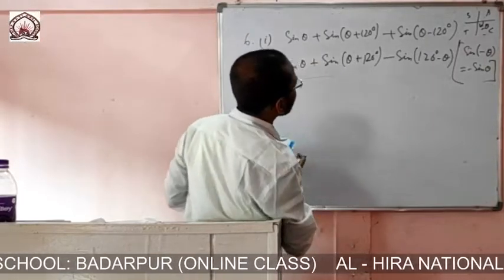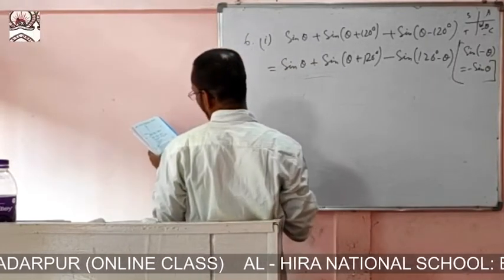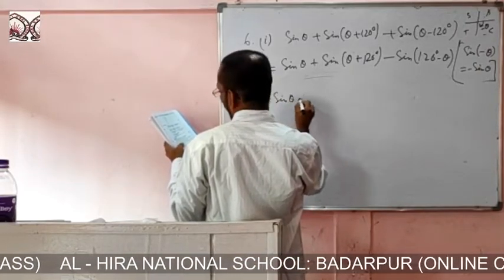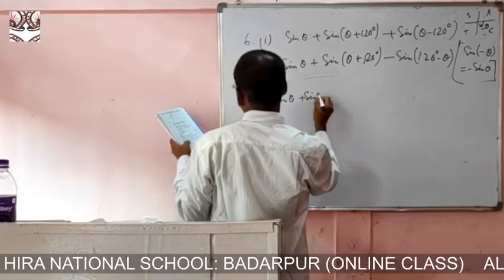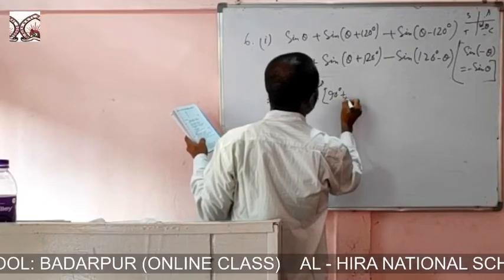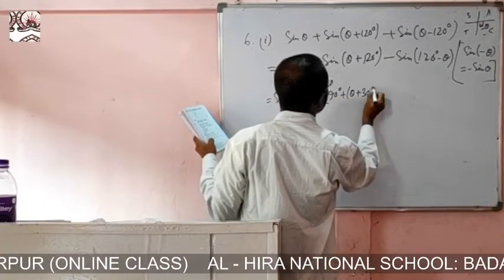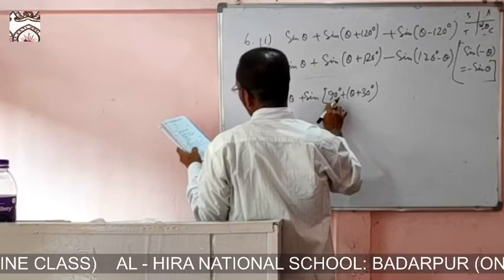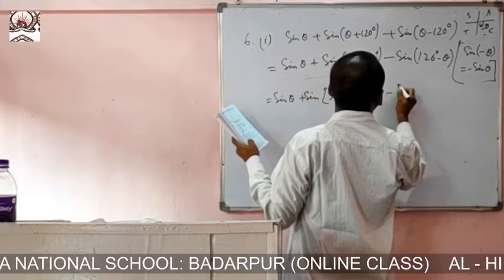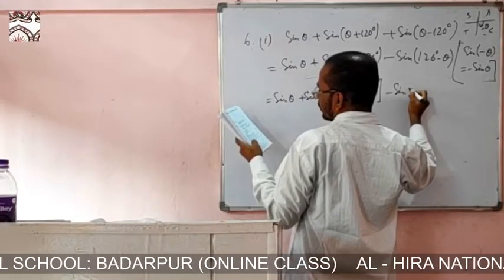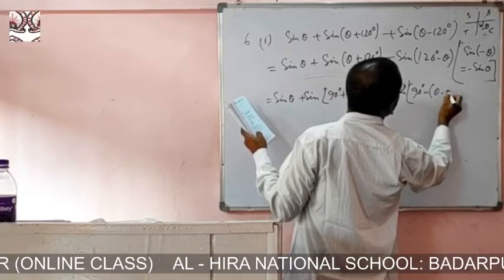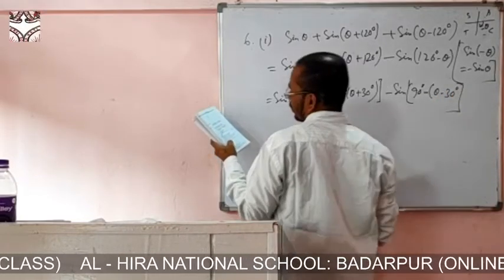So it is minus sin theta. Now it is sin theta plus sin, you can break this one: write 120 as 90 plus 30, so sin(90 plus theta plus 30), and then minus sin(90 minus theta minus 30).